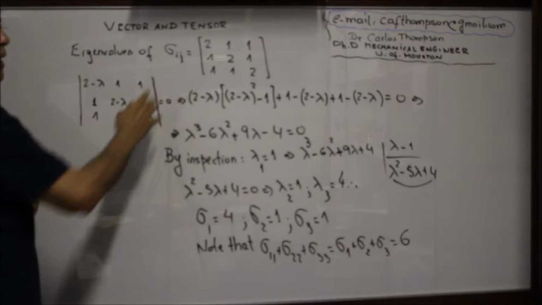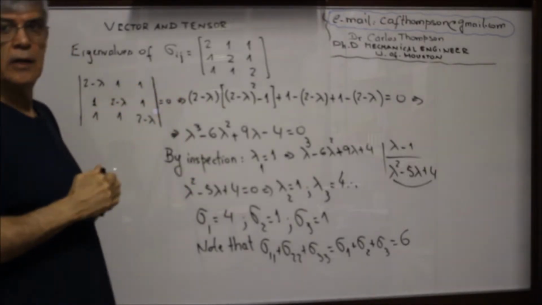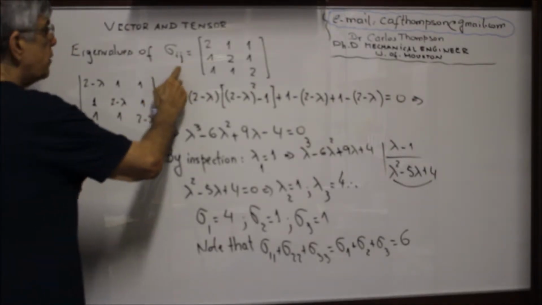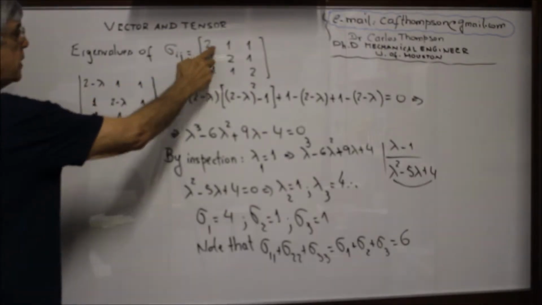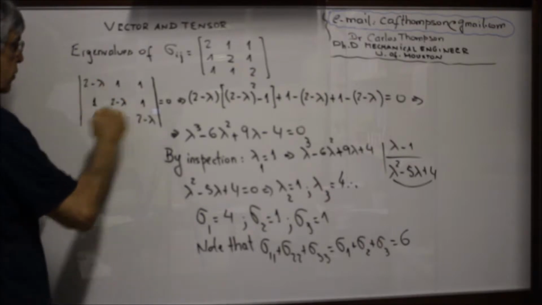Now, the determinant of sigma ij minus lambda I will be 0. So sigma ij minus lambda I has 2 minus lambda in the main diagonal.